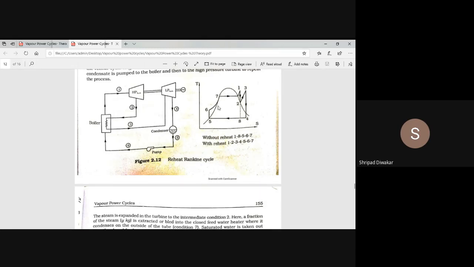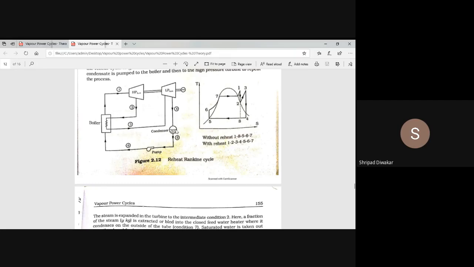So you have to show the line 2 to 3. Here you see we are having two parallel lines. 1 to 2 is the isentropic expansion in HP turbine. Next, 2 to 3 is the reheating process.